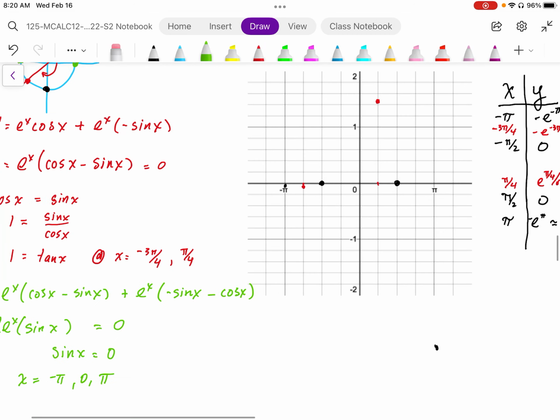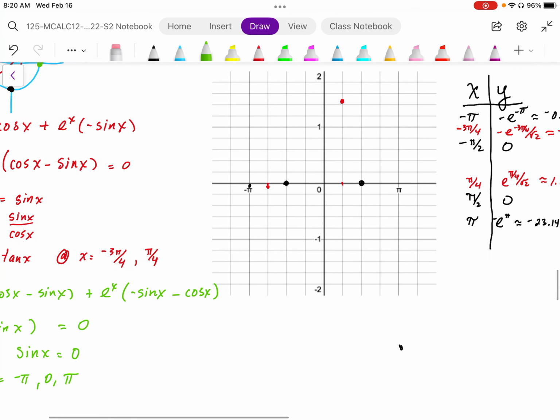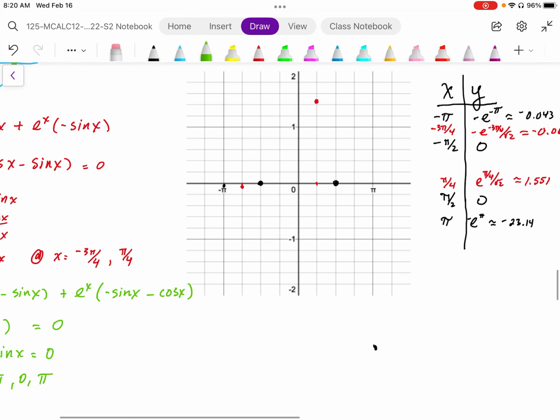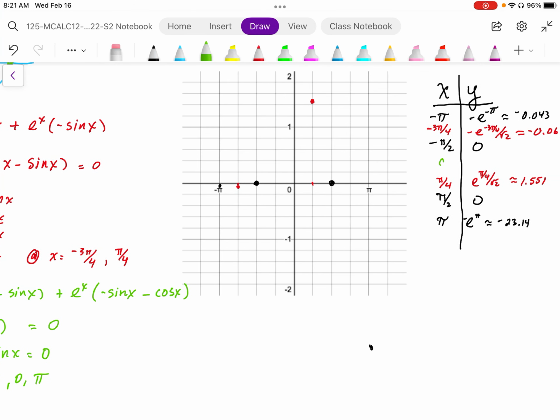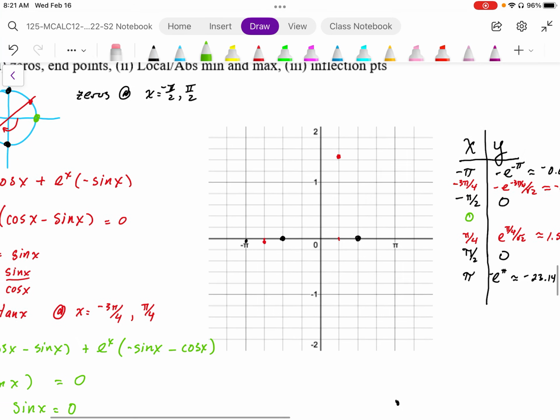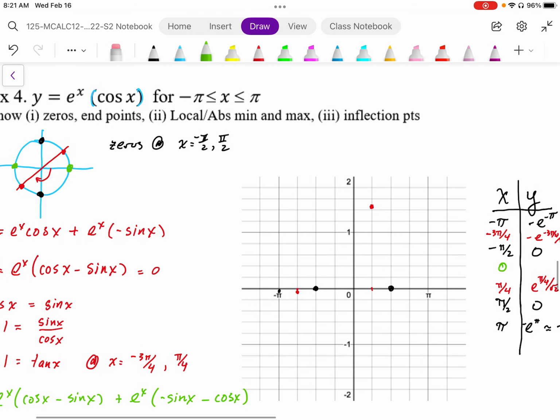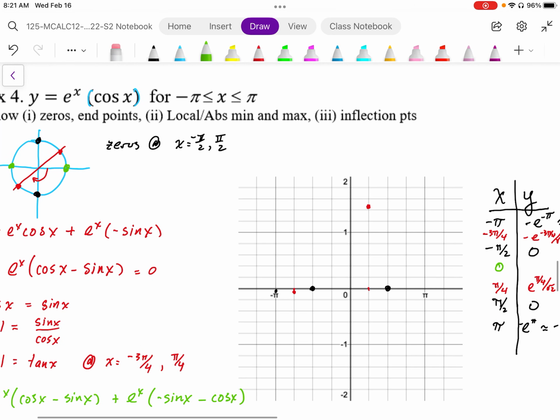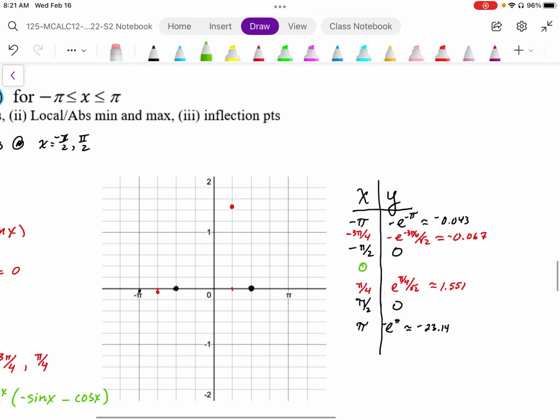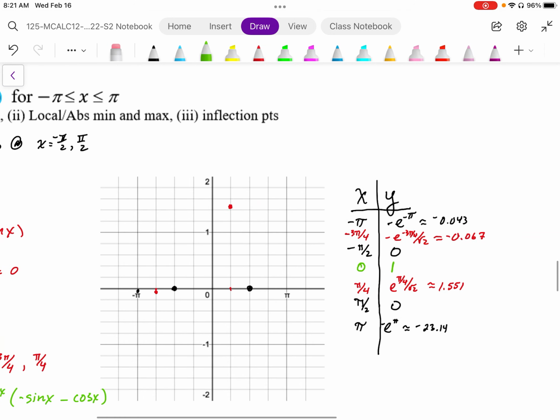At those endpoints, we do have potential inflection points. We're not going to show that. Plugging x equals 0 into my original equation, I get e to the 0 times cosine of 0, and cosine of 0 is 1. So there's another point right there, and I know that point is an inflection point.